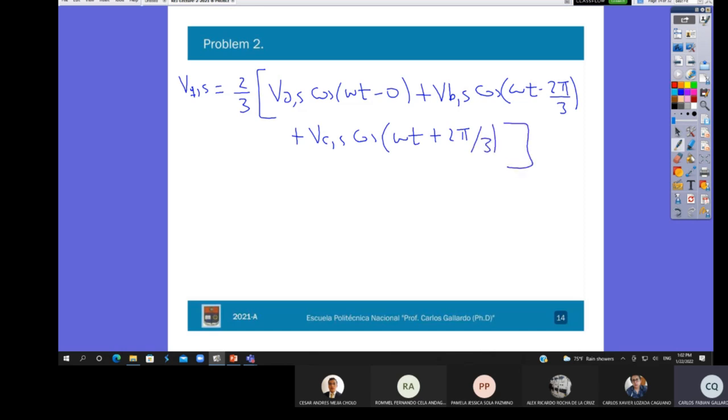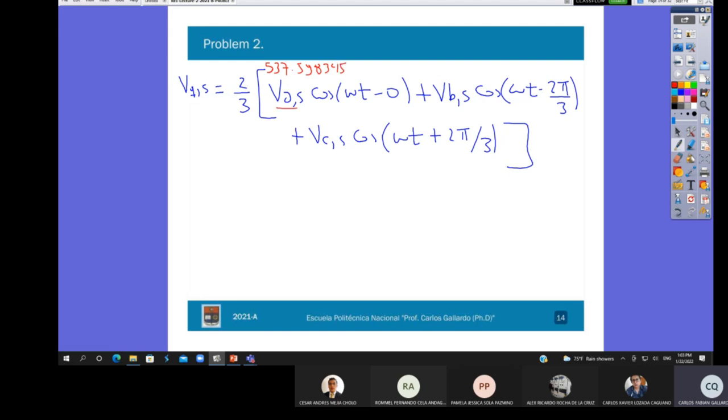Okay, so from the previous calculation, we know these values, because we have already computed the voltages for the three-phase system. So I will have this value is 537.598345.